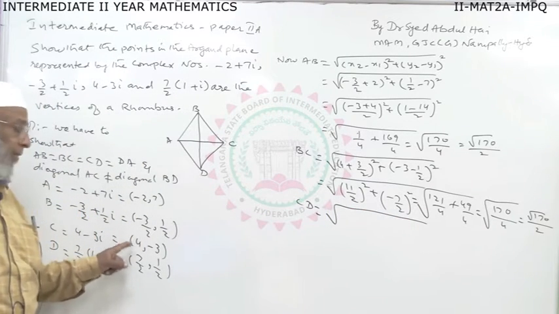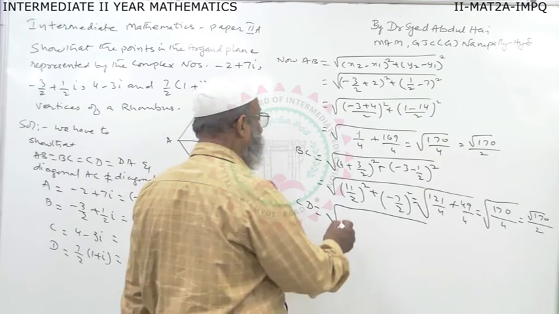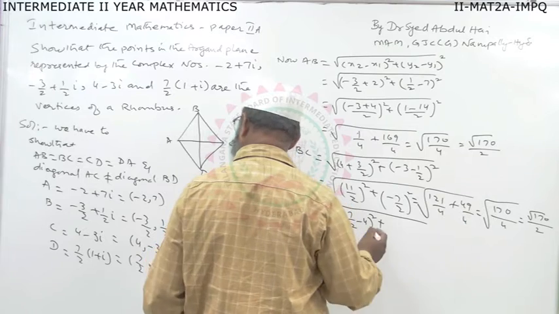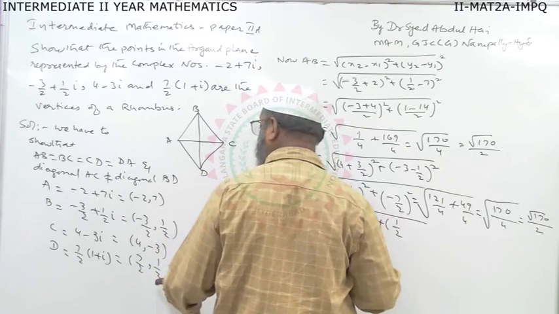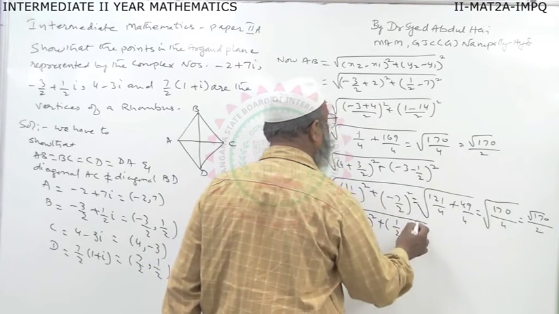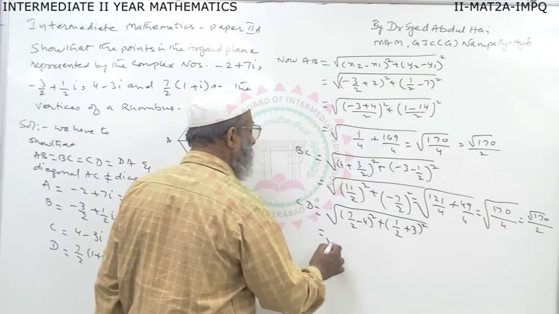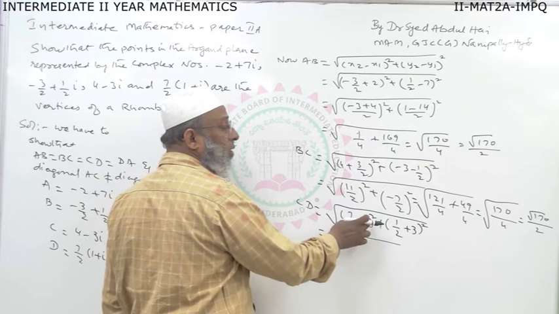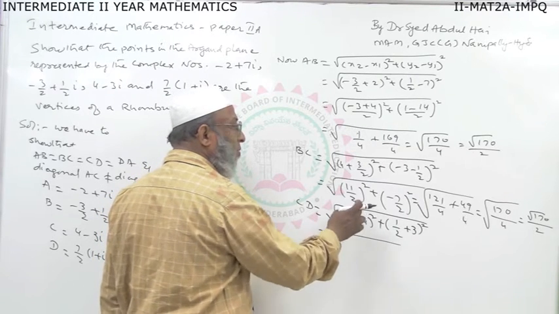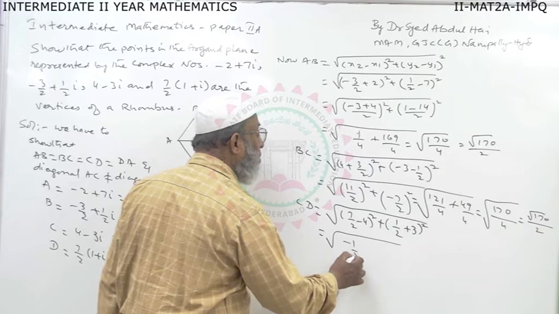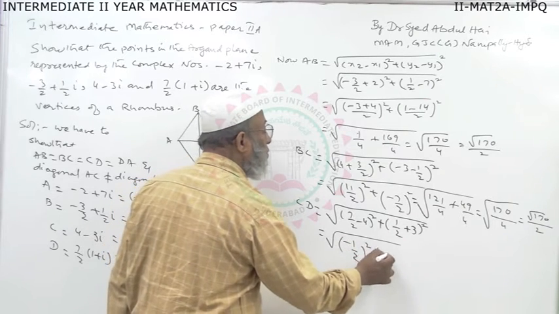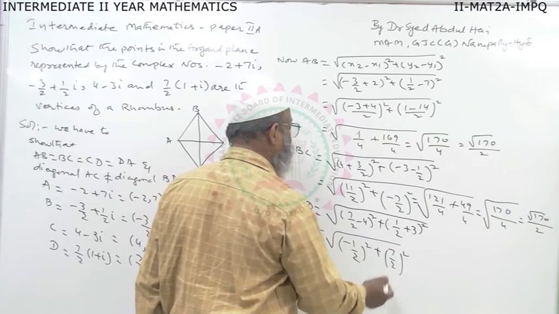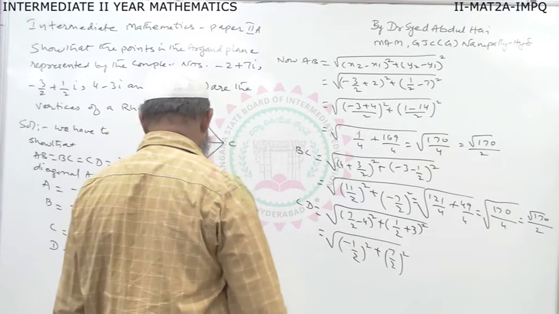CD, right? 7 by 2 minus 4 whole square, plus 1 by 2 minus minus 3 becomes plus 3 whole square, which gives me 7 minus 8 by 2, minus 1 by 2, whole square, plus 2 3s are 6, 6 plus 1, 7 by 2 whole square.